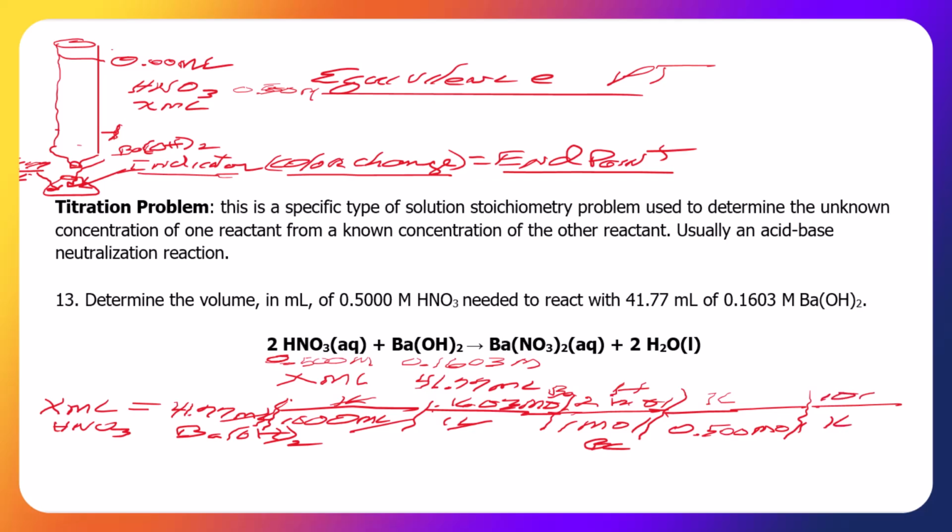We multiply by 1,000 milliliters. Okay, so let's check the rest of the units. We've canceled milliliters, canceled liters for barium hydroxide. Now we've canceled moles for barium hydroxide. We're now canceling moles for the nitric acid and liters for the nitric acid, and we wind up with milliliters.